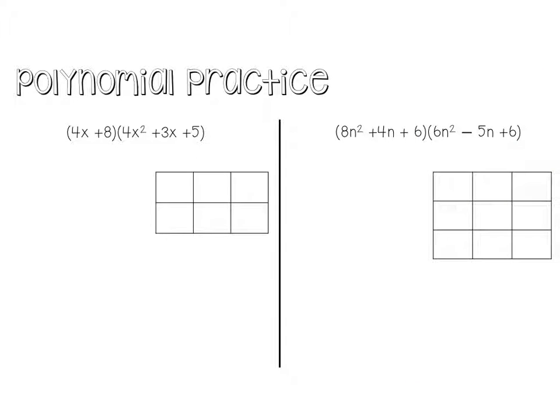Now I want you to try these ones on your own and we'll go over them. Going over this first one, we have a 2 by 3, so 4x squared, 3x, and 5, and 4x and 8. When I multiply them out, I get 16x cubed and 32x squared. Here I get 12x squared and 24x, 20x, and 40.